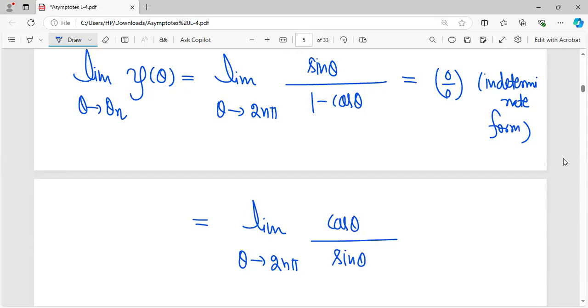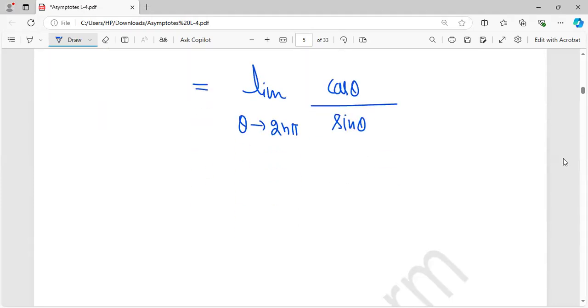Now what is this then? Again this is plus minus infinity. So now both the limits are coming infinity.